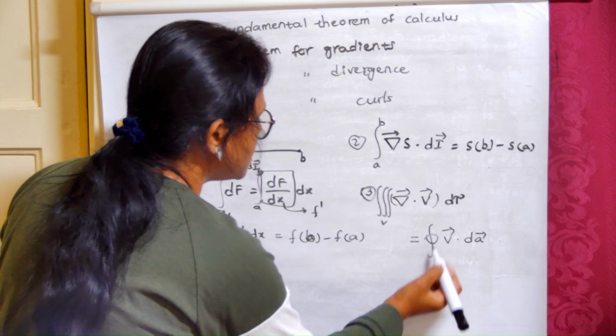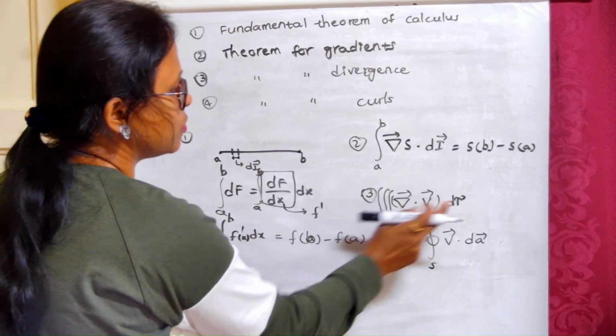That means the surface is the boundary of this volume element.